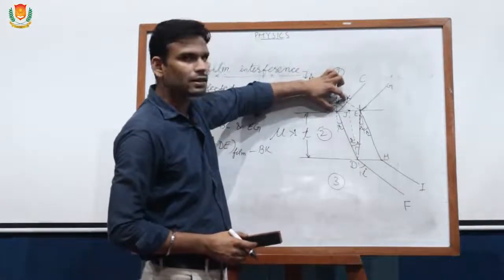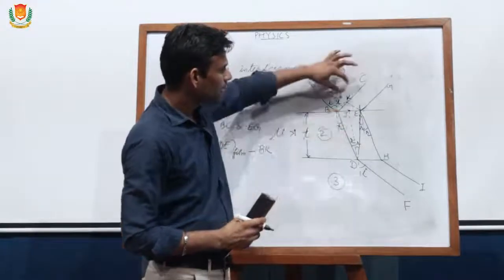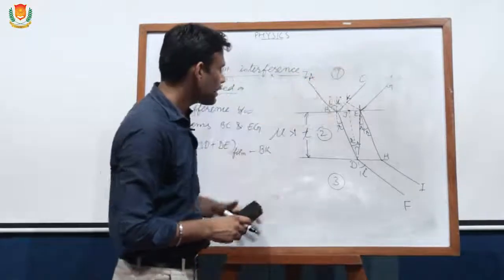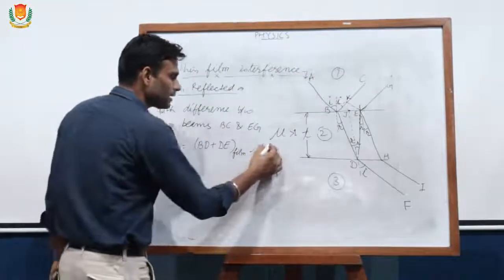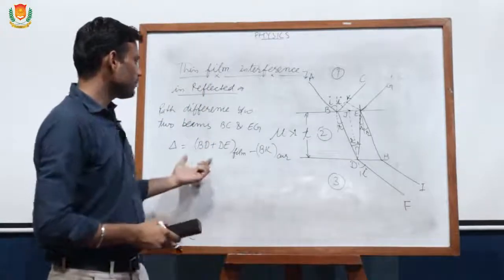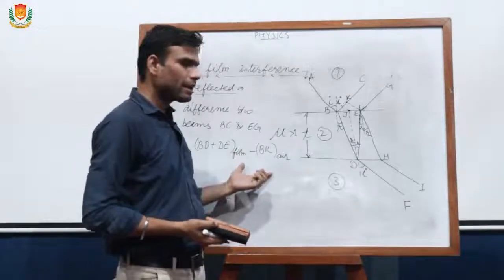This is the extra part traveled by this beam, because from K onwards, KC and EG are the same. So we will subtract it, and this path is in the air. Since both paths are traveled in different media, we cannot add or subtract these.